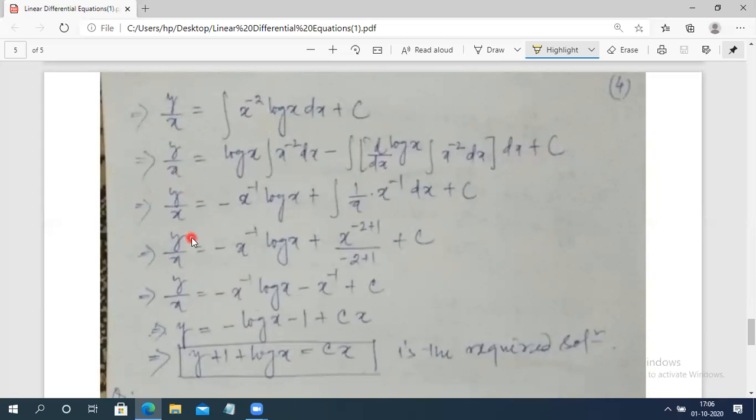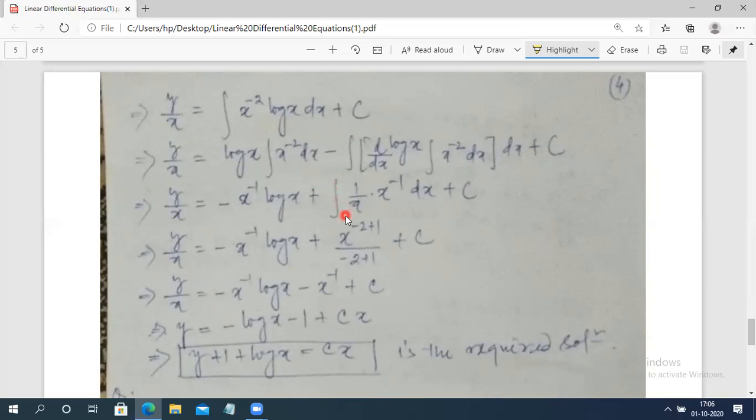Now this is y by x. If you integrate this, it will be minus 2 plus 1, in the denominator also minus 2 plus 1. So one negative sign will come, and minus 2 plus 1 will be minus 1. x raised to the power minus 1 into log x, plus the differentiation of log x is 1 upon x, and the integration of x raised to the power minus 2 is x raised to the power minus 1 with negative sign, and that negative sign and this will make it positive.